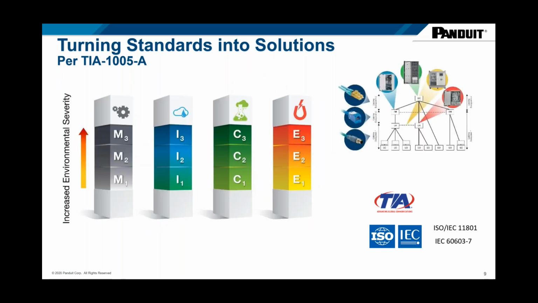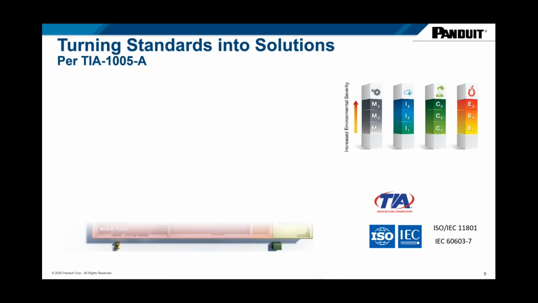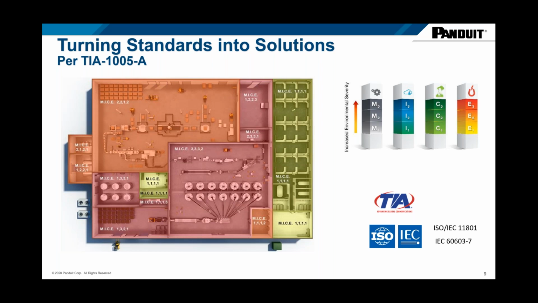And so then we can also use the M.I.C.E factors to evaluate the space of where we're putting these products and where we really need to address those different M.I.C.E factors. So we can kind of do what they call M.I.C.E diagramming. We can take that overall plant view and say, okay, here are my hot spots, right?